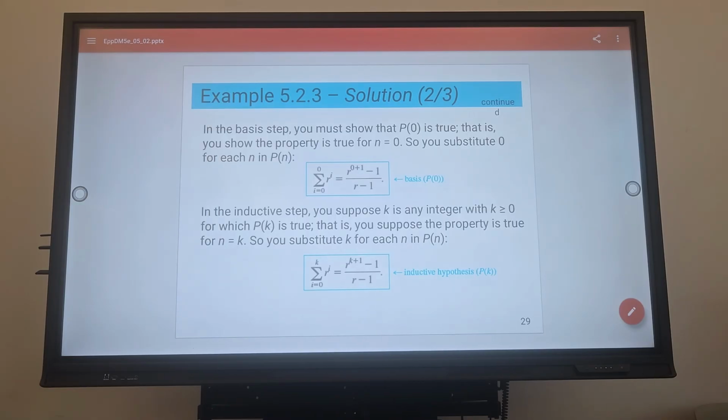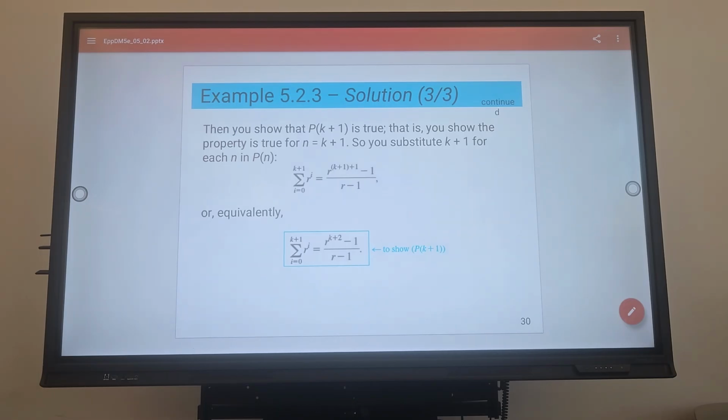In the inductive step, you suppose k is any integer with k greater than or equal to 0, for which P of k is true. That is, you suppose the property is true for n equals k. So you can substitute k for each n in P of n to get the inductive hypothesis.